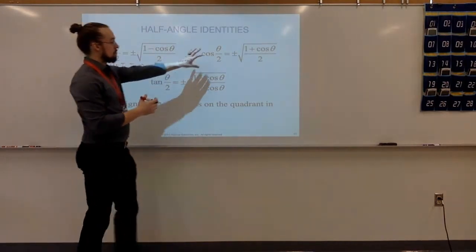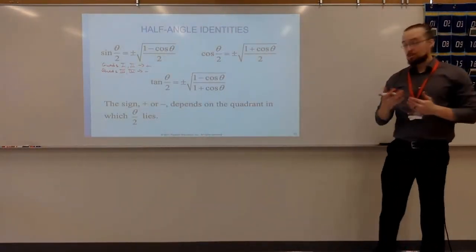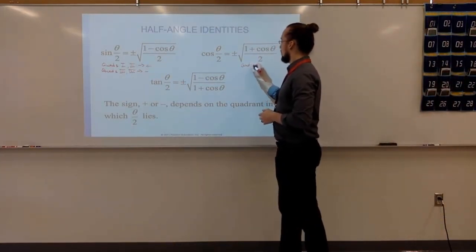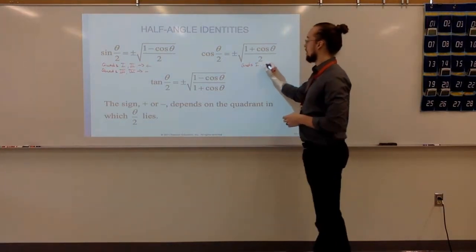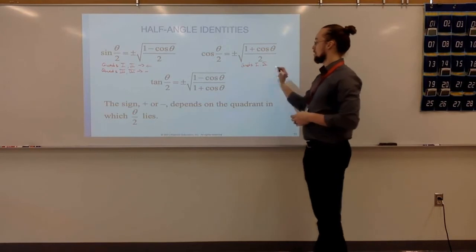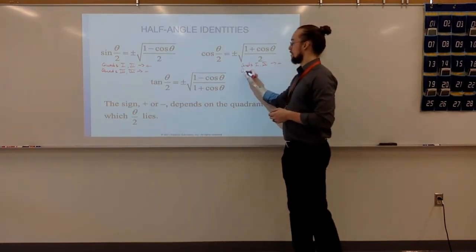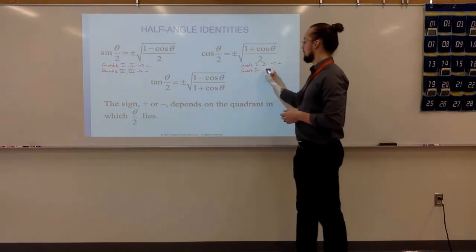For cosine, cosine is the x value. So we're thinking, well, x value is positive in quadrants 1 and 4. And then the x value is negative in quadrants 2 and 3.